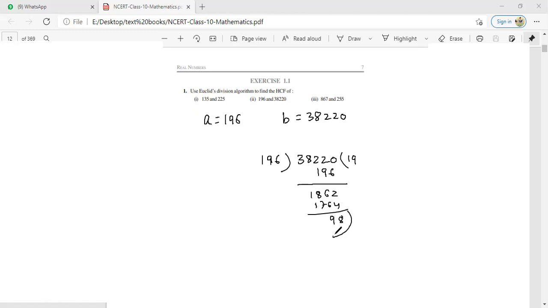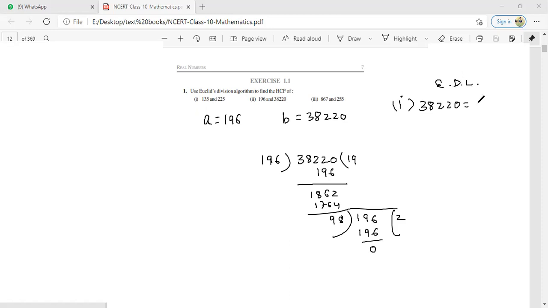Now 98 is the remainder. Now you can divide 196 by 98. So 98 twos are 196. You get zero in two steps. The first step is 38,220. I'm writing directly, and I told you how to write for numbers 196 and 38,220 by Euclid's division lemma.